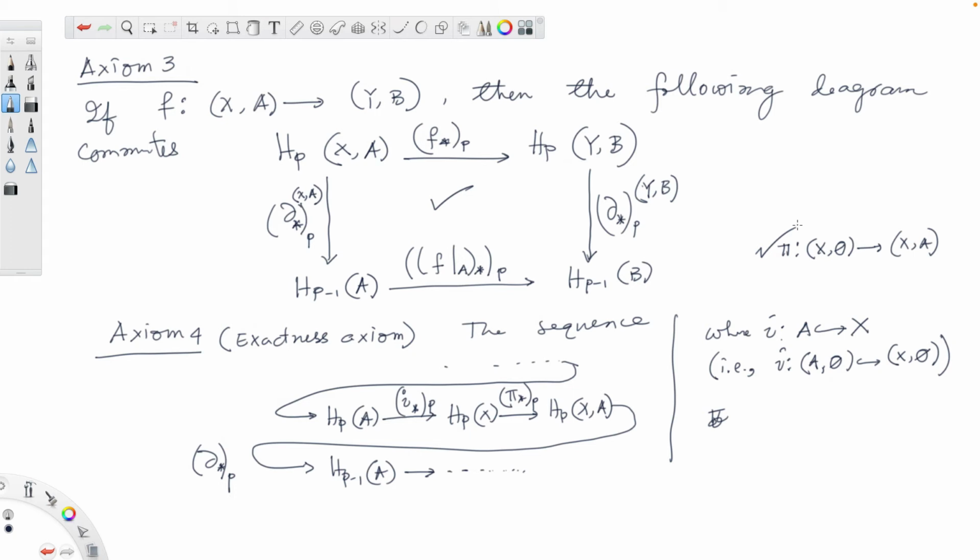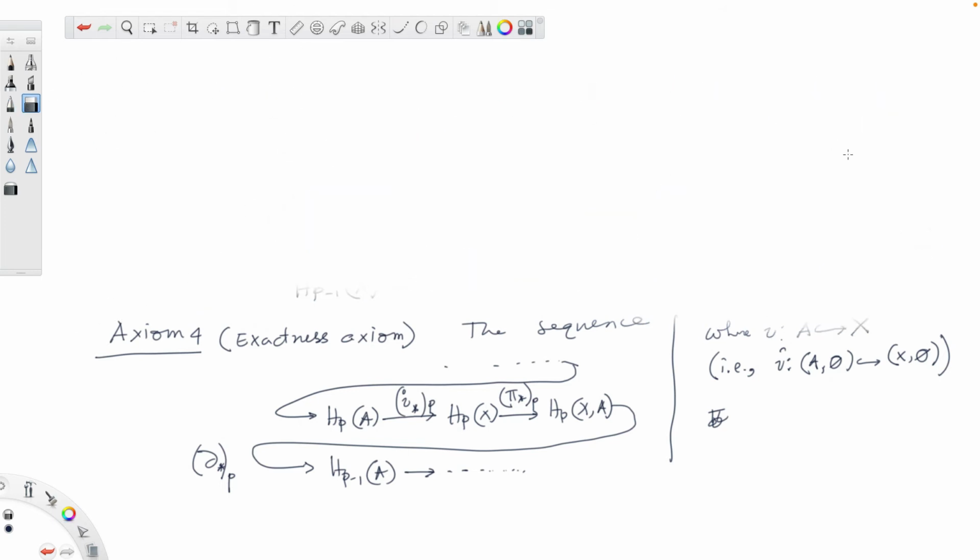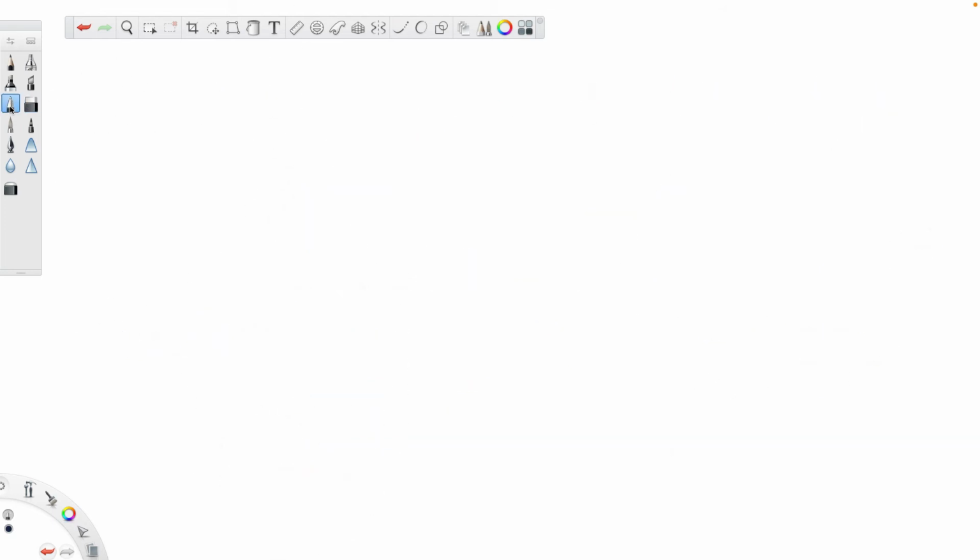Good. And a few words about inclusion maps.